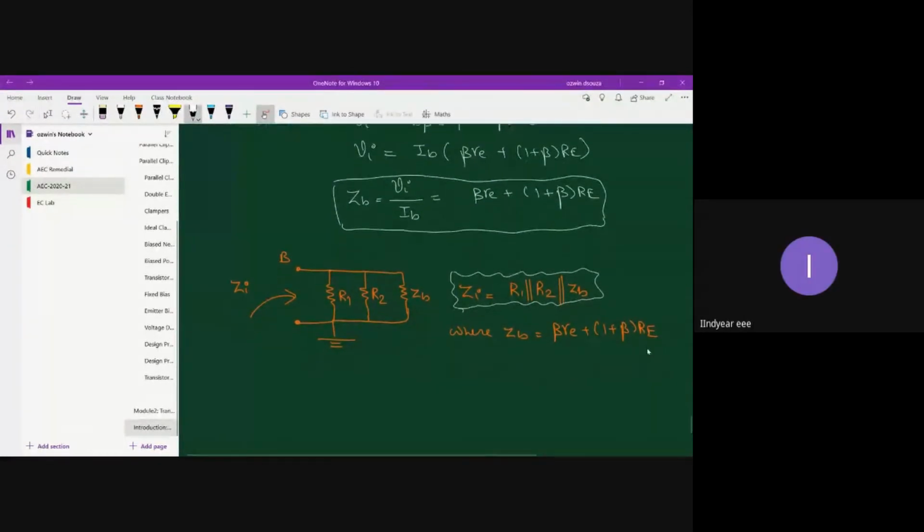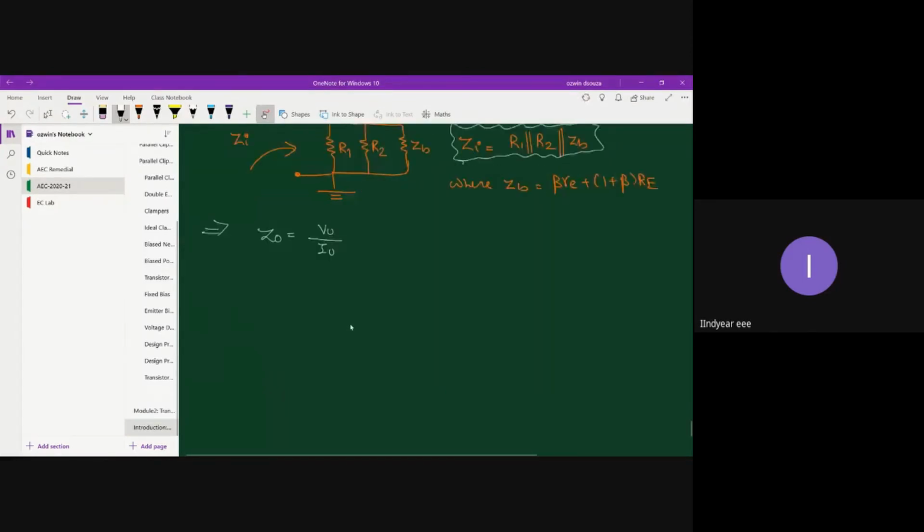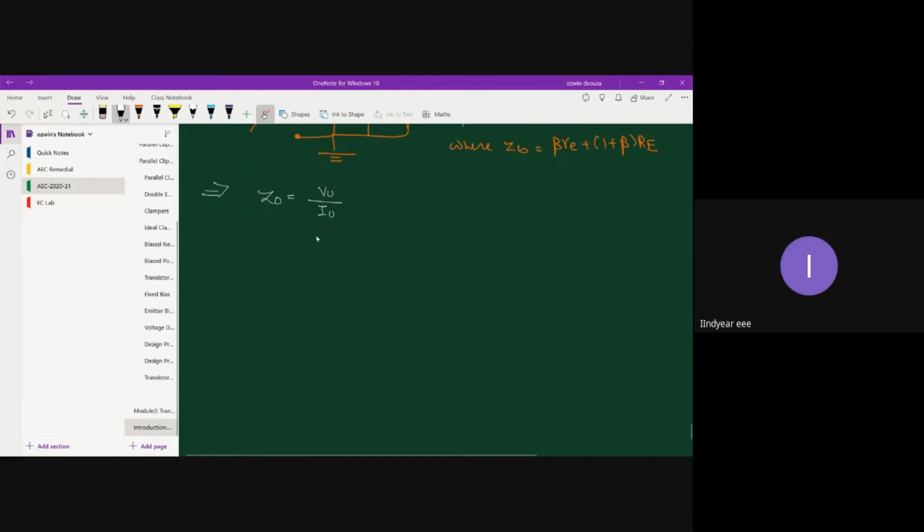Next, let us go to Z naught. What is Z naught? By definition, V naught by I naught. To find Z naught, let me recreate the output circuit. This is your beta IB. Let me isolate the input circuit.